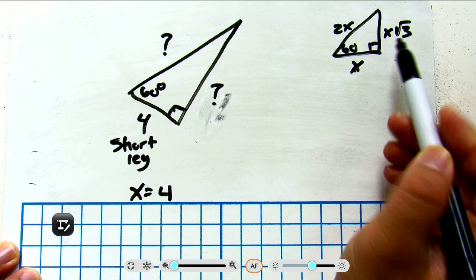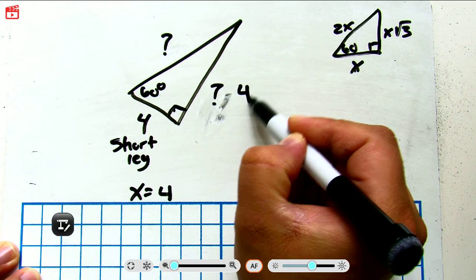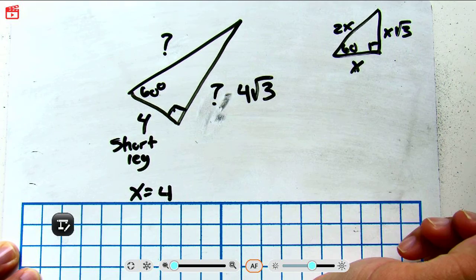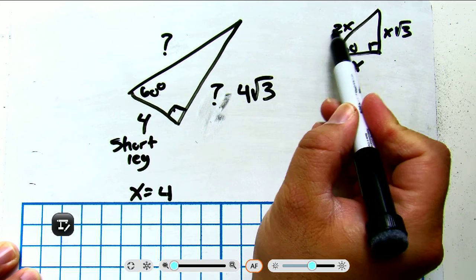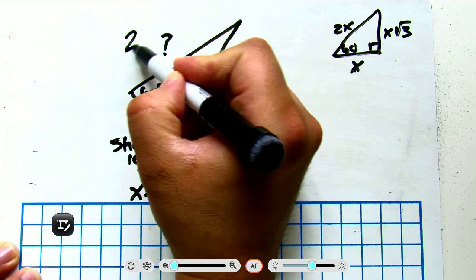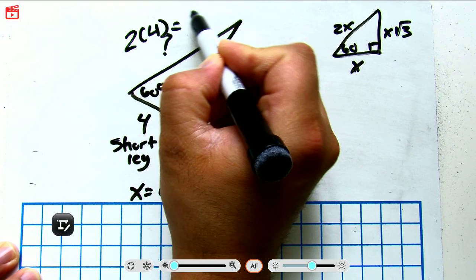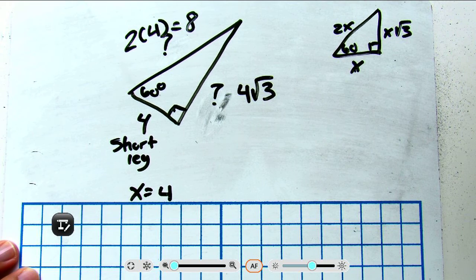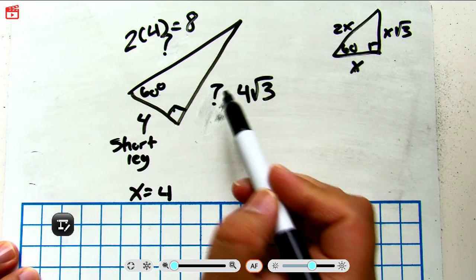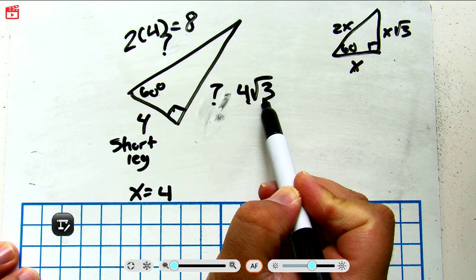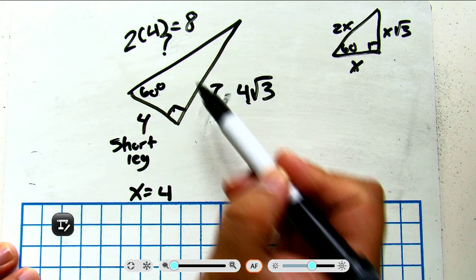So this would be 4 square root 3. And the hypotenuse is 2 times x, so 2 times 4 is 8. So your answers are 4 square root 3 is the long leg, and 8 is the hypotenuse.